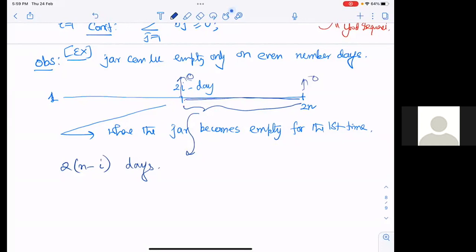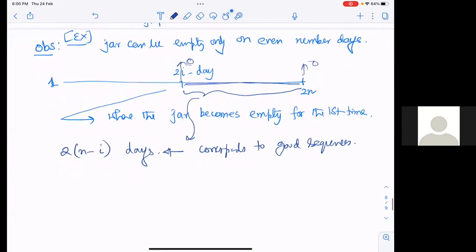That is kind of obvious. Here it becomes 0, and then you start again putting things in and taking things out, and at day 2n it becomes 0 again. So you have basically gone back to your original problem, just shifting the origin from 1 to 2i. There is no change. Any doubt on this argument? Any sequence placed between 2i and 2n is a good sequence.